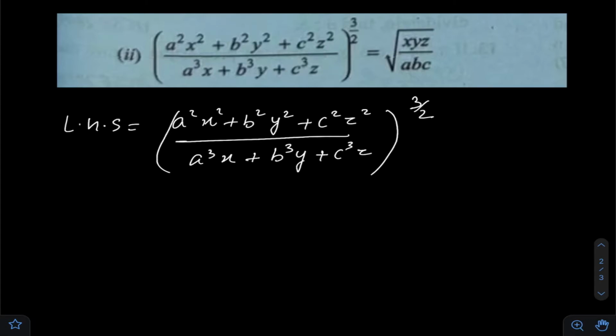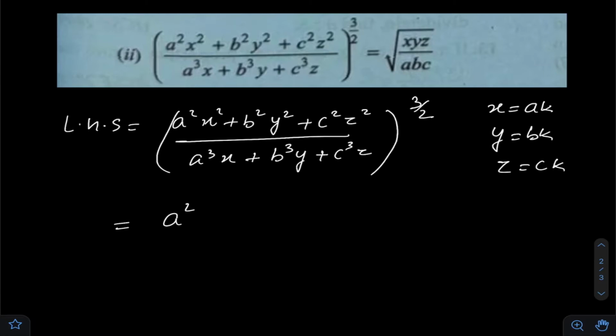Now what were the values of x, y and z? x equals ak, y equals bk and z equals ck. Now put these values of x, y and z.